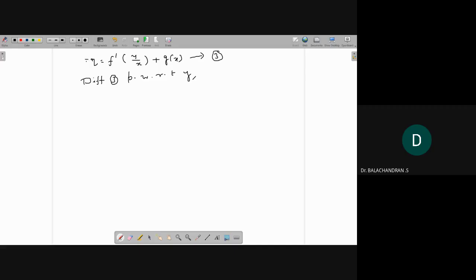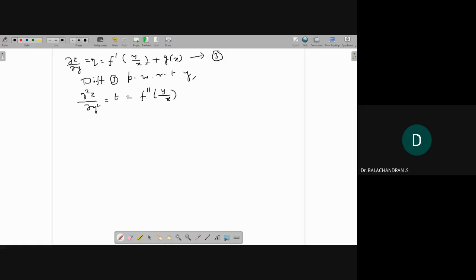Actually this is dou z by dou y. If you differentiate equation 3 partially with respect to y, you will get dou square z by dou y square, that is T. Differentiate this with respect to y, you will get f double dash of y by x.